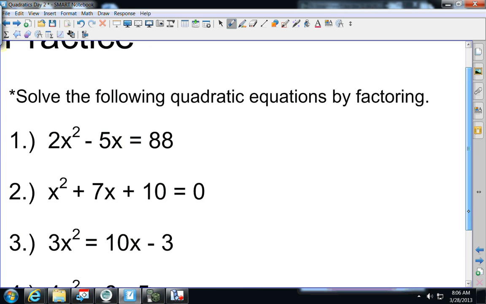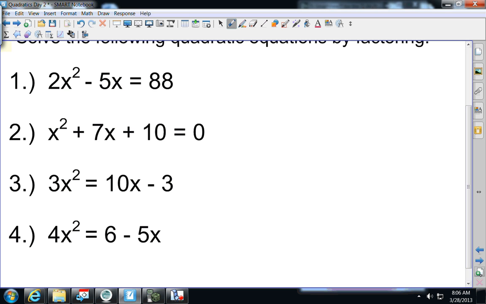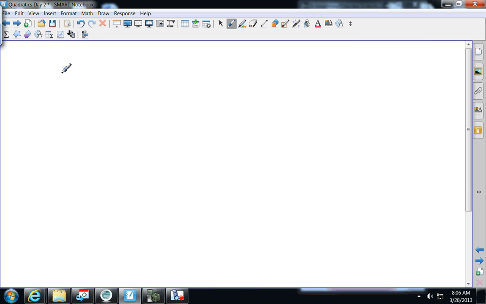Let's see. Number 3 says 3x squared equals 10x minus 3. Before I can factor, I have to put it into standard form. So I have to subtract 10x from each side.